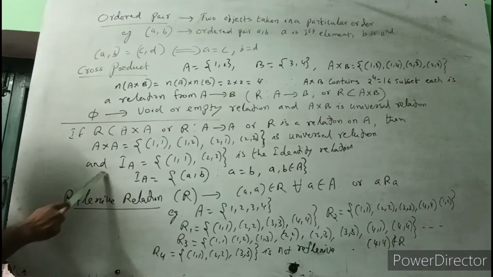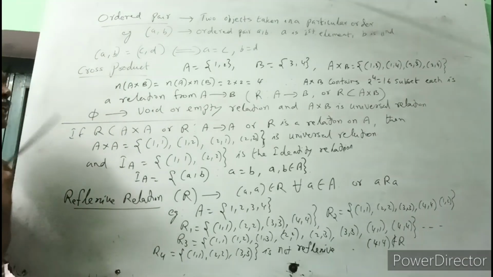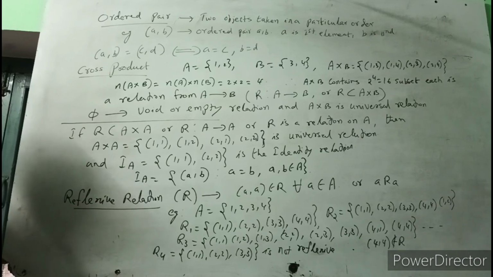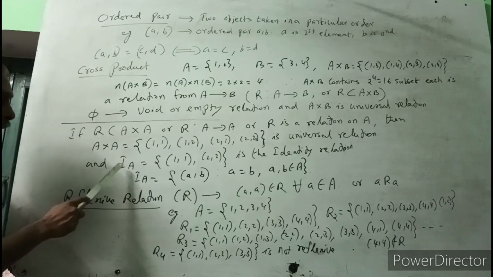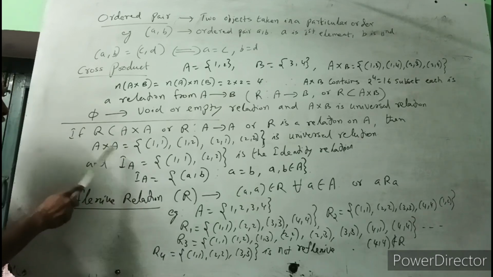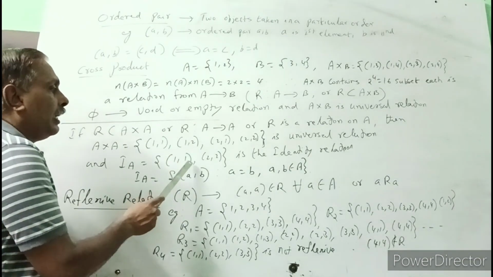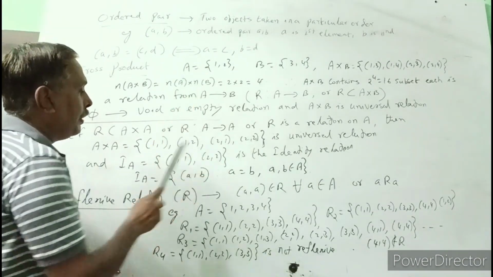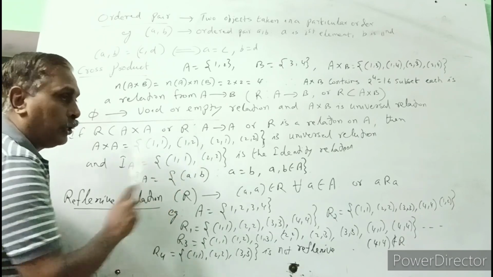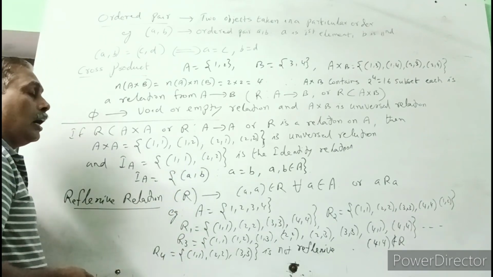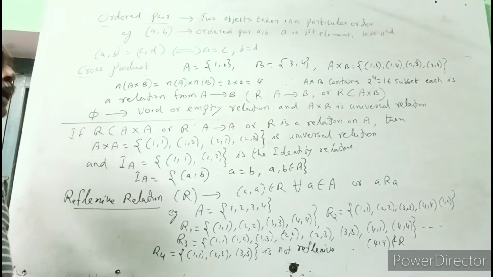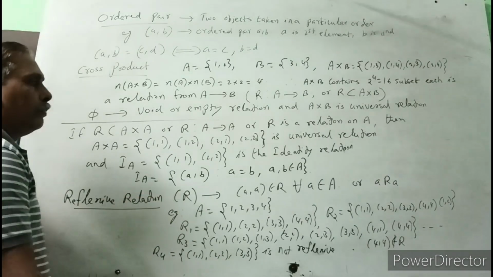And from here you studied identity relation on the set A. It is denoted by I suffix A, means identity relation on set A. What is that? You write only the equal elements of A. First and second element must be equal. No other elements are present in identity relation. Equal elements only are present.